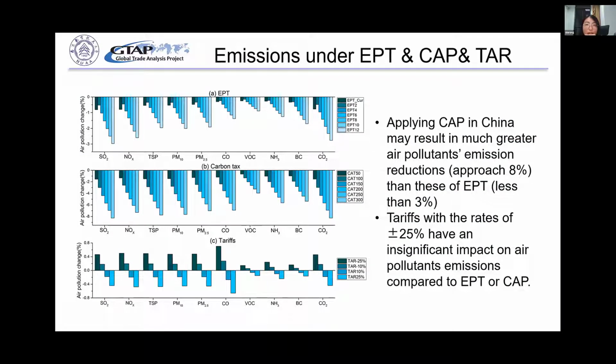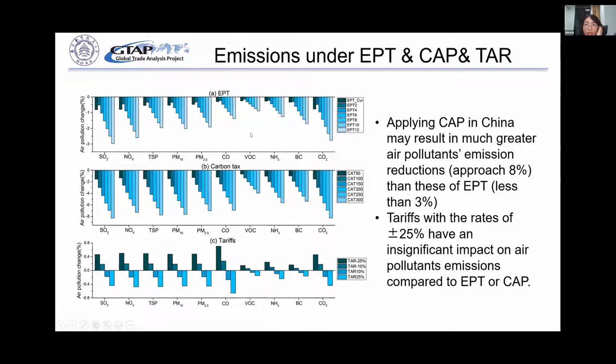This figure shows the emission changes under three scenarios, including many air pollutants: SO2, NOx, TSP, PM10 and PM2.5, and CO, VOC, and others, as well as carbon dioxide emissions.